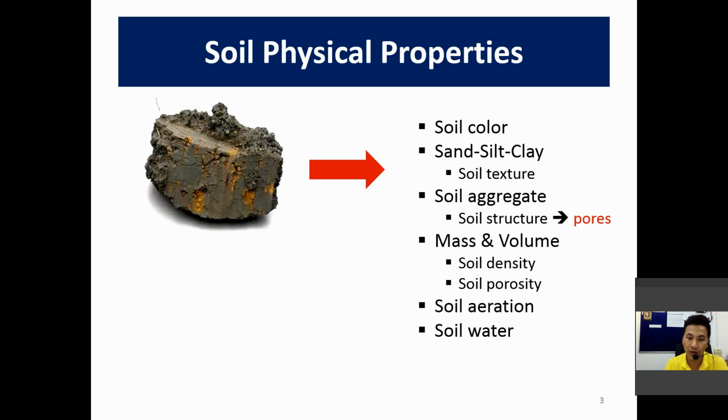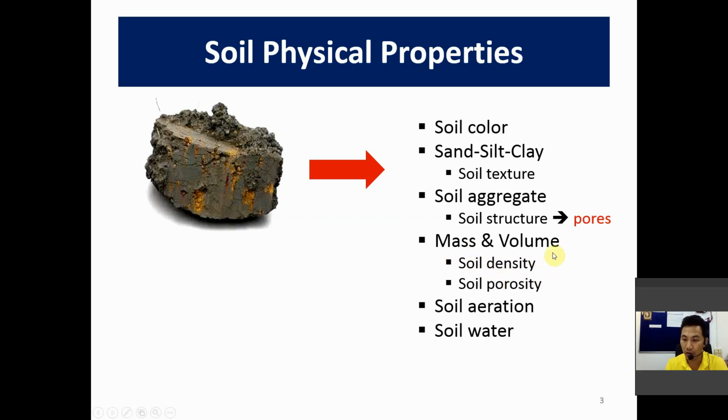And this is really important, especially the pore geometry and pore connection that give you a pathway for mass and energy to transport in the soil itself or exchange from soil to the surrounding environment. And next is the mass and volume relationship. Among these you get very popular soil physical indices like soil density and porosity.